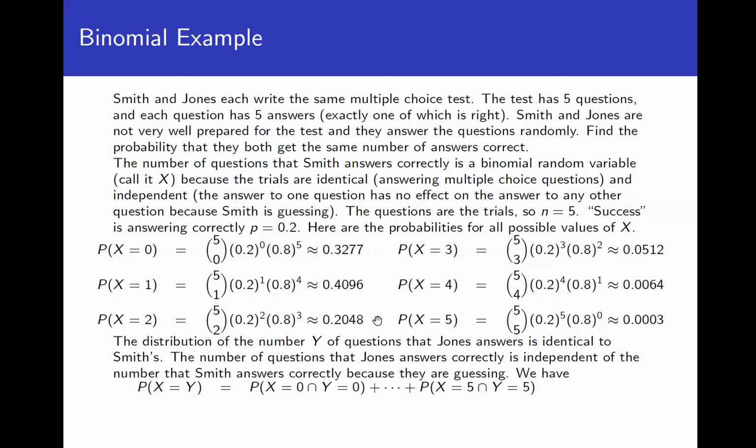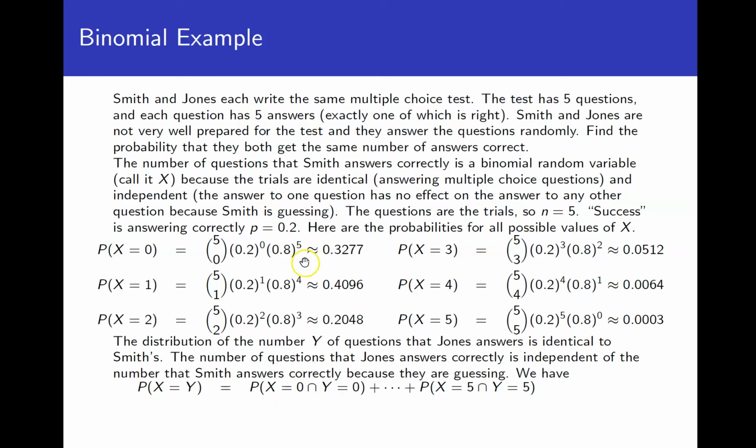So, if we want to calculate the probability that they get the same number correct, that means they both get 0 correct, both get 1 correct, both get 2 correct, all the way up to both getting 5 correct. But these are independent, so I can do the probabilities of an "and" by multiplying them together. So I can take the probability that x is 0, multiplied by the probability that y is 0.